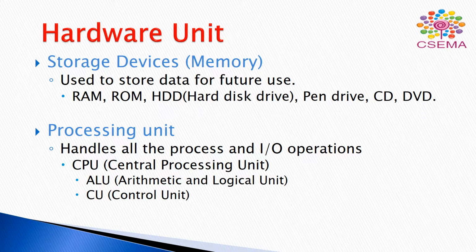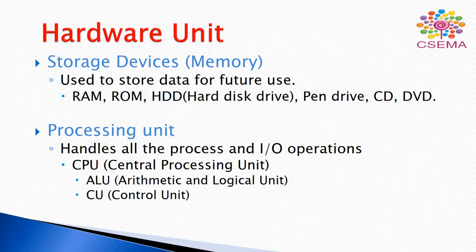And the last important hardware unit is the processing unit, which processes all the inputs provided by the users and handles all the operations inside the computer. So let's take an example. You need the output of 2 plus 2.